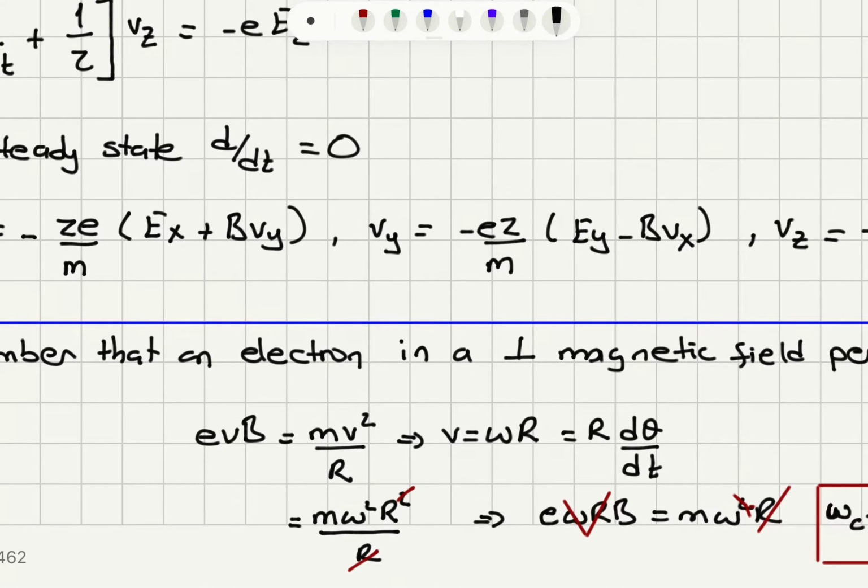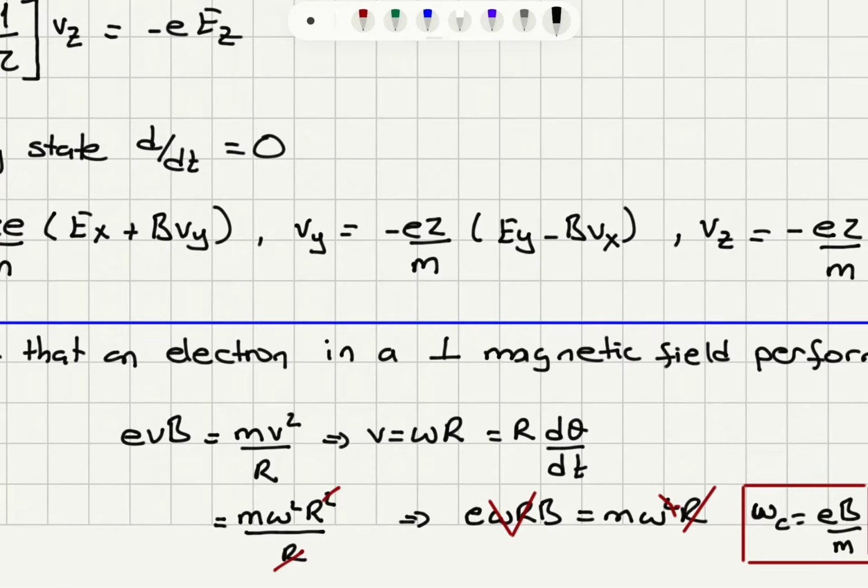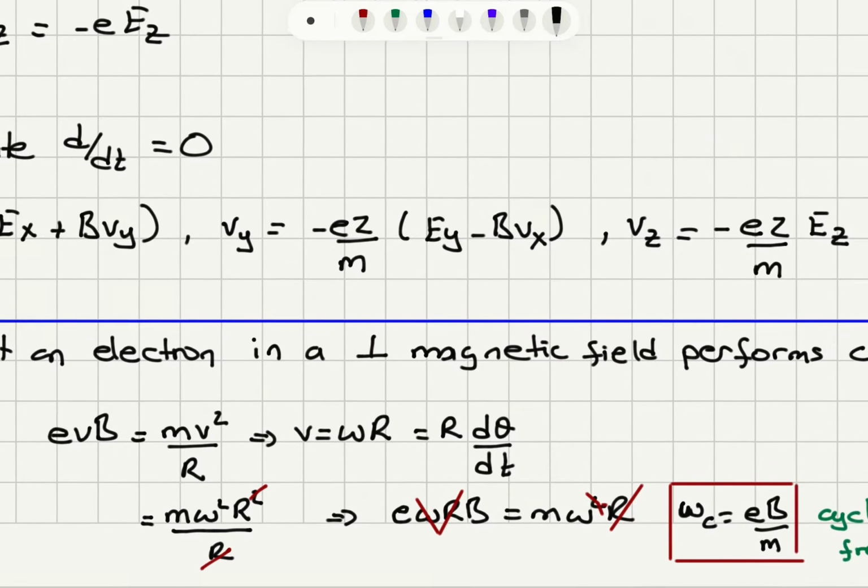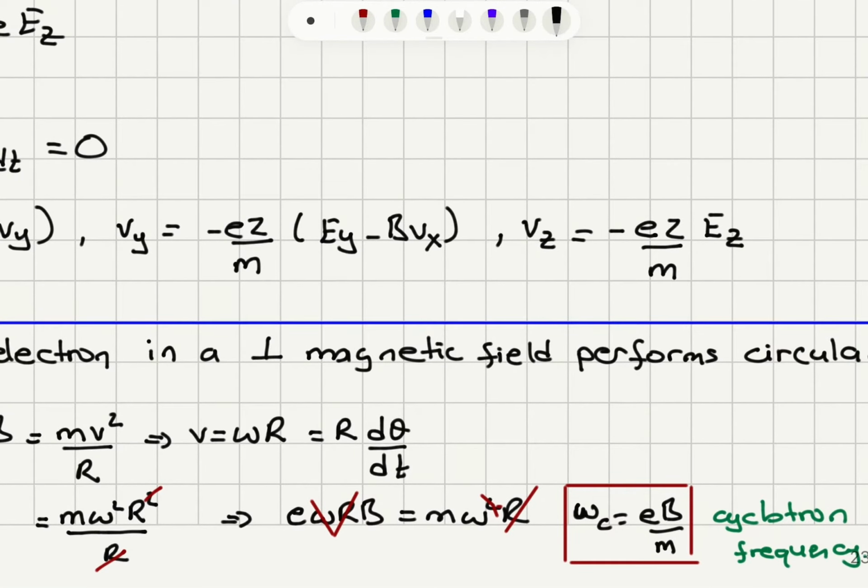We substitute for v, omega r, so we obtain m omega squared r squared over r. The r's will cancel, so we will find evB, which is e omega r B, equals m omega squared r. The r and one omega cancel, so that gives us eB over m.